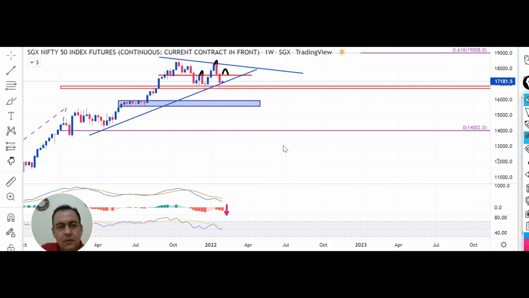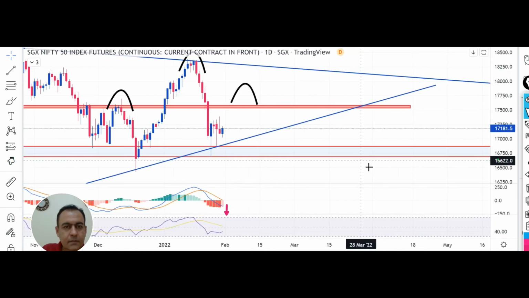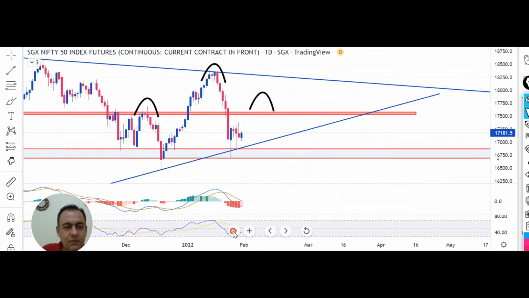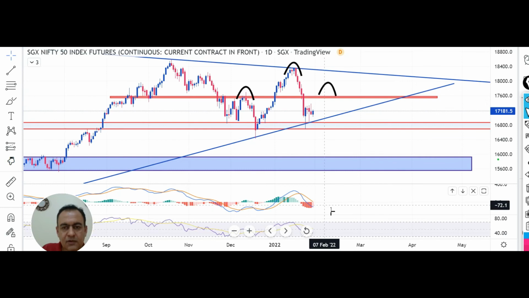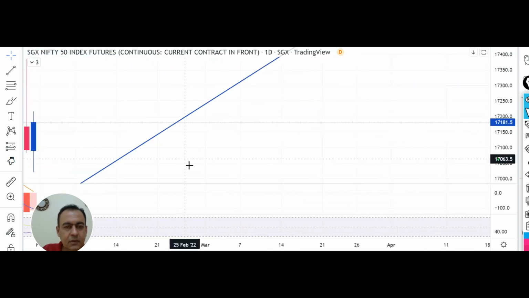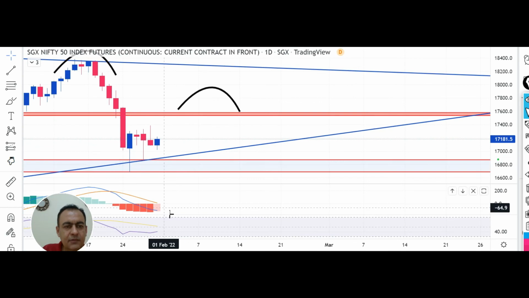And what happens on the daily time frame? On the daily time frame, we see a loss of momentum in the bearish party. A clear loss of momentum because the bearish histogram is now shrinking to the upside.